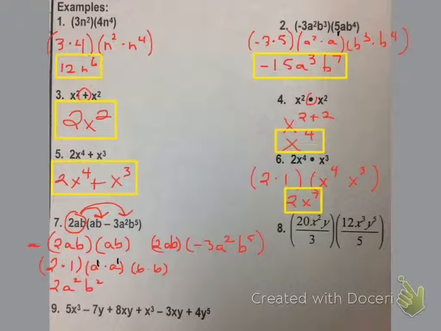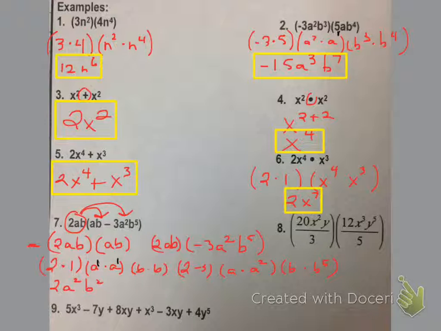Over here, we'll break it down. What are my coefficients? 2 and negative 3. Then I have A times A squared. And then I have B times B to the 5th.